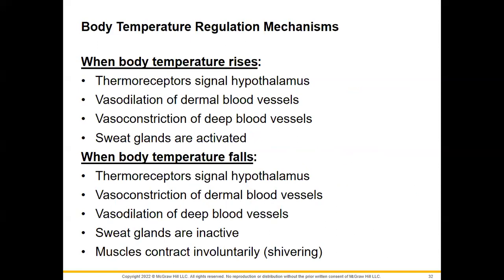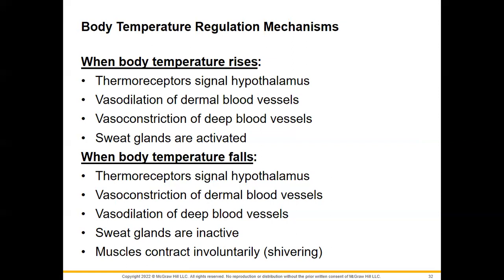All right. So when your body temperature rises, when your body gets hotter, thermoreceptors, thermal meaning temperature, will signal the hypothalamus. Remember, the hypothalamus holds the body temperature set point. Thermoreceptors will signal the hypothalamus that the body temperature has increased.